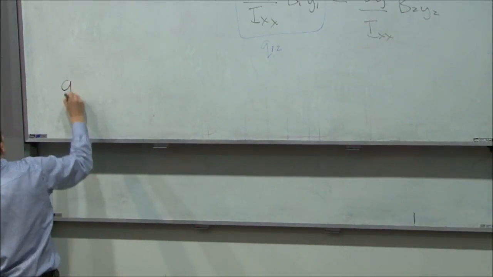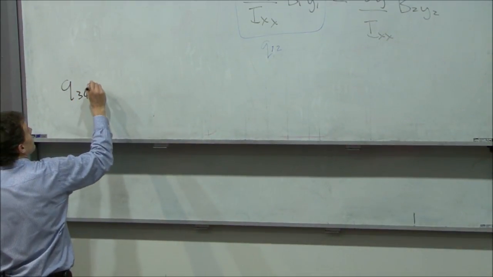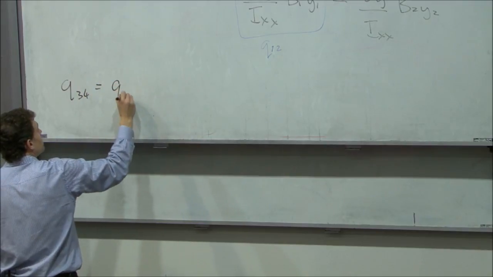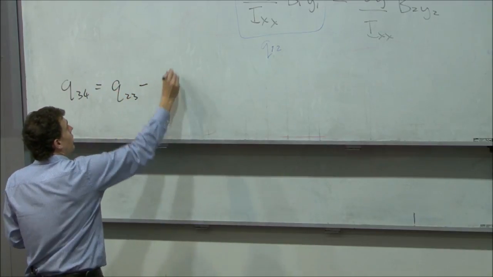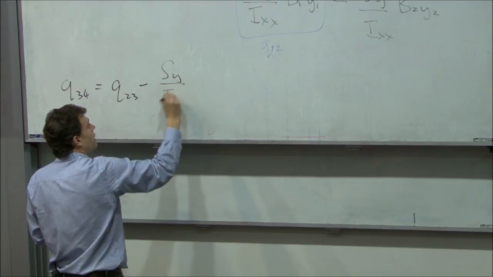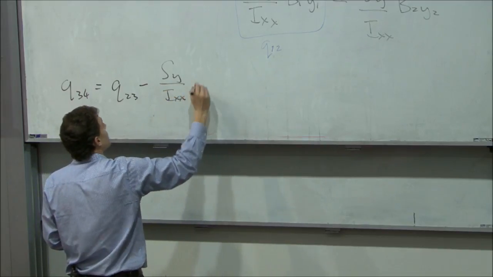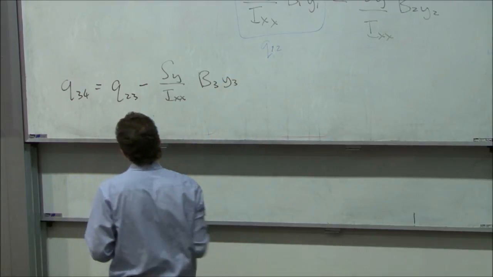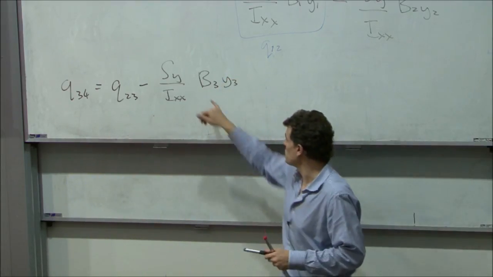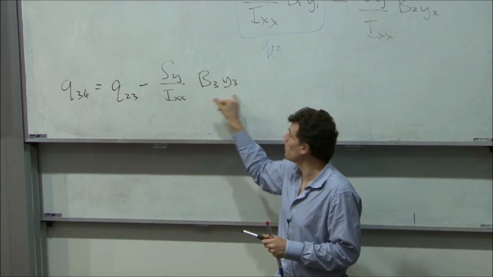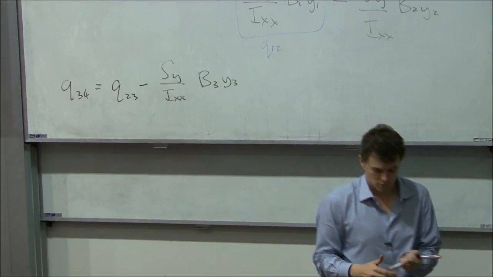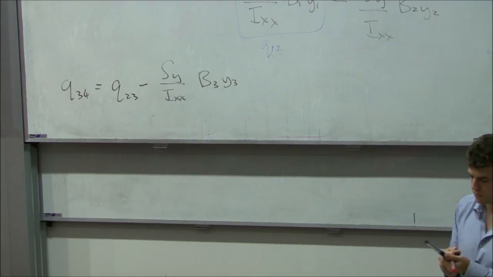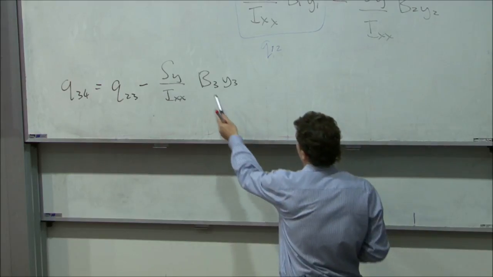So Q34 equals Q23 minus SY on IXX, B3, Y3. Okay, so each time you're just calculating not a sum, but just each term.